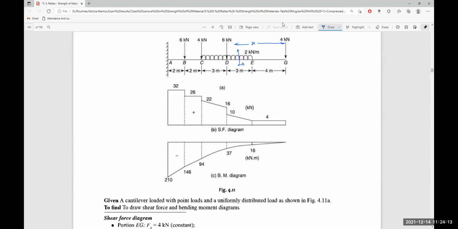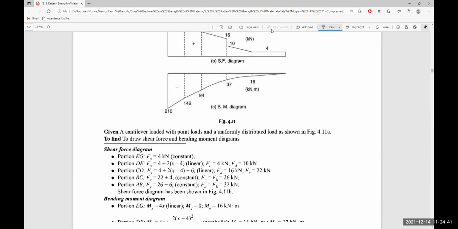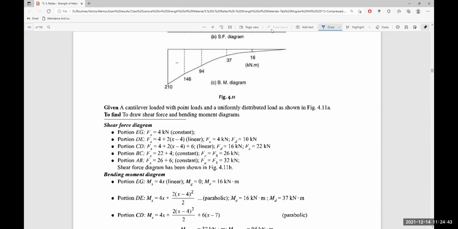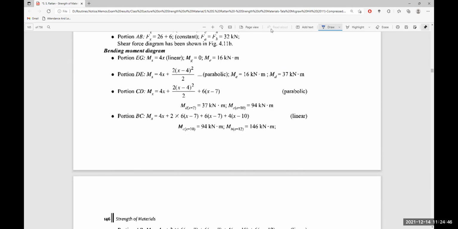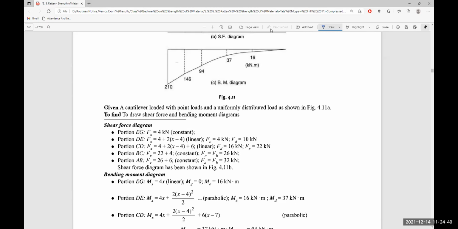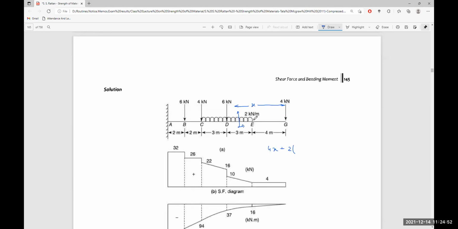What we are doing here is 4 kilonewton into x plus 2 kilonewton multiplied by the length from this point, which is x minus 4.